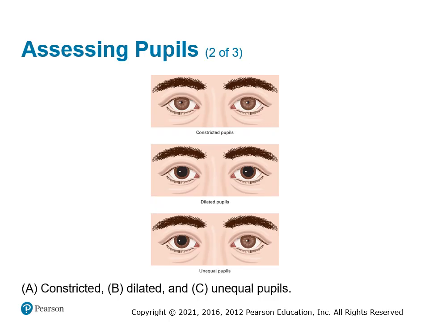And then unequal pupils on the bottom. There is a condition called anisocoria where the person has unequal pupils, but generally it is considered abnormal to have unequal pupils, and unequal pupils would indicate a head injury in a patient normally.